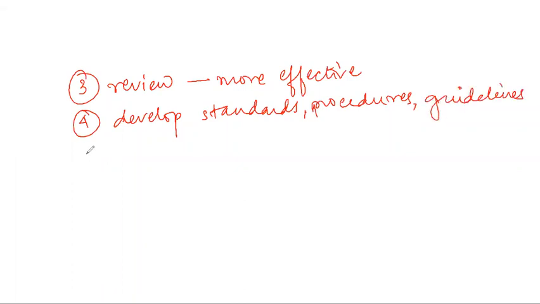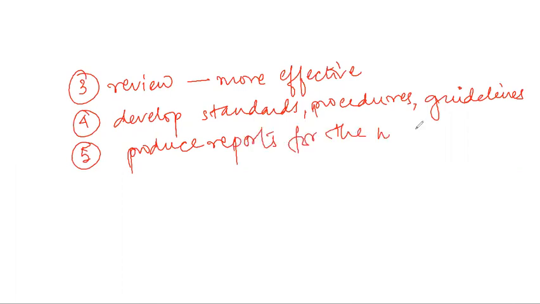So they will do everything so that it will be maintained, and then they will produce reports to the top management. This will summarize the effectiveness of the quality system in the organization.